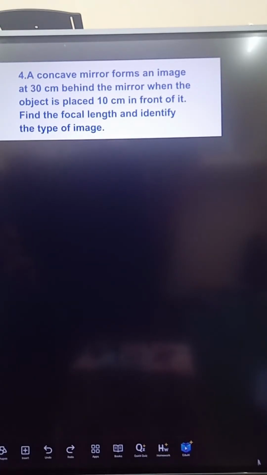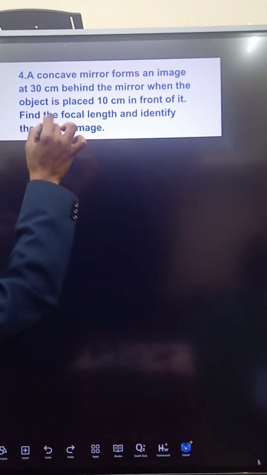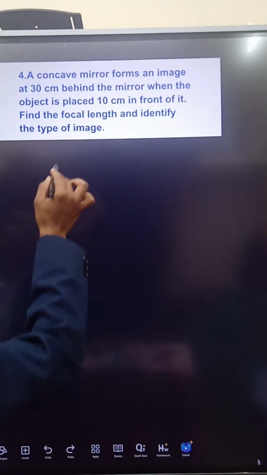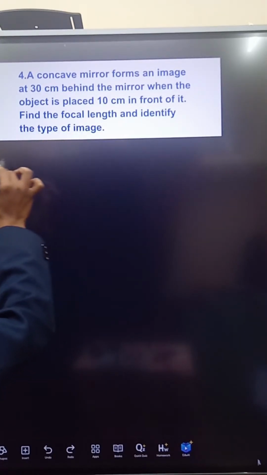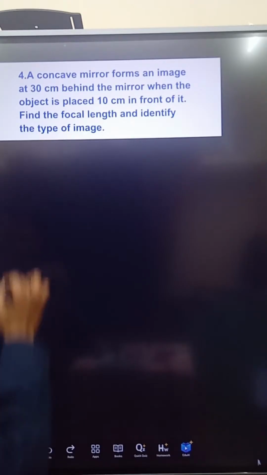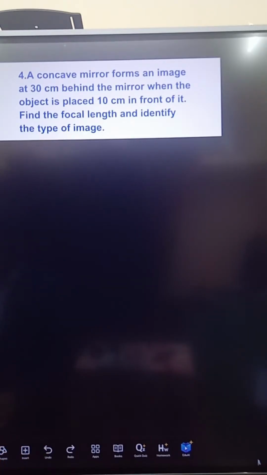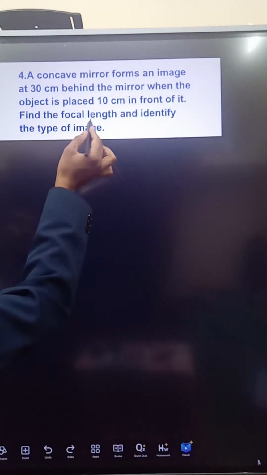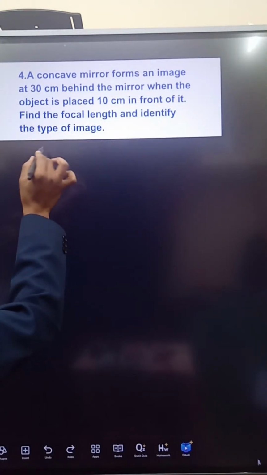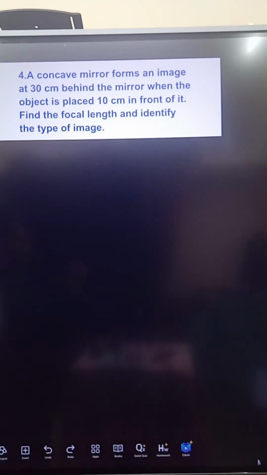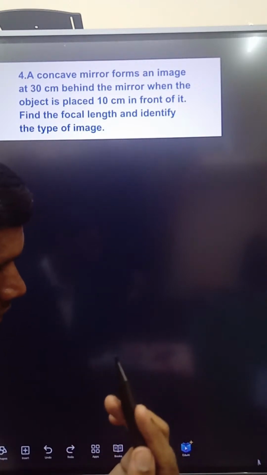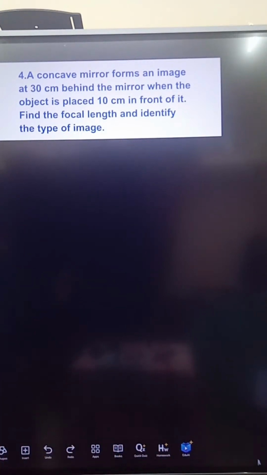In the fourth problem, what does it say here? A concave mirror forms an image at 30 centimeter behind the mirror. Look at this. What is given? A concave mirror forms an image at 30 centimeter behind the mirror. Once you become perfect, then you can go very fast. Until you become perfect, you have to be very slow.